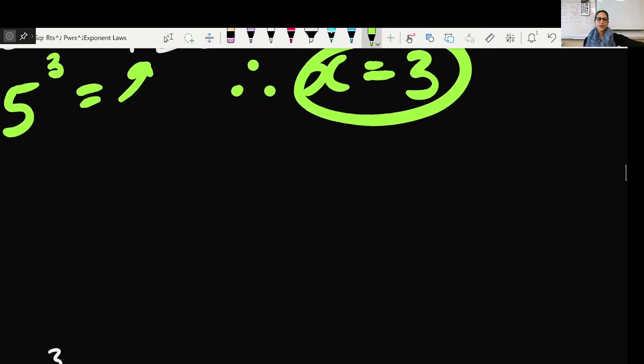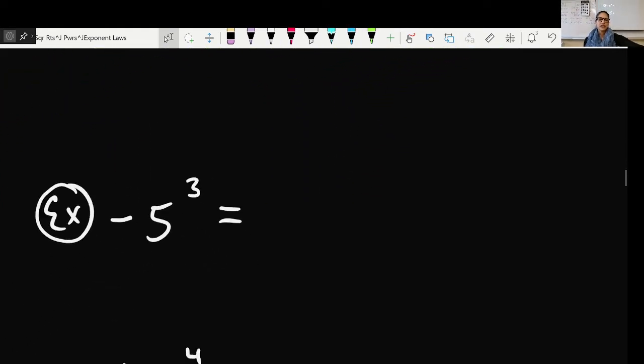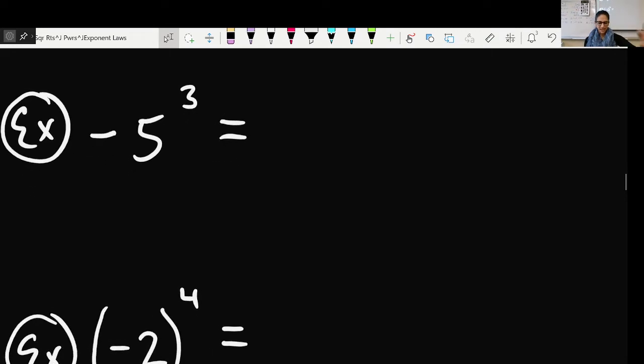Okay, so then moving along, if we get examples like this, there's subtle differences between, well, look at the negative 5 to the 3, and then look at the next one, negative 2 to the 4 is in brackets. So let's start first with this negative 5 to the 3. If I wrote that in expanded notation, does that mean negative 5 times negative 5 times negative 5? No, so what do I do with that negative?